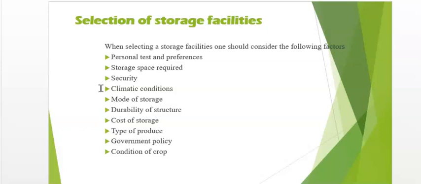Factor number 4, we have the climatic conditions. Factor number 5, we have the mode of storage. That's maybe for mass storage, bulk storage. Factor number 6, we have the durability of the structure. So you have to consider the duration you are taking to store the produce. Because for long-term storage, you have to choose a more durable structure.